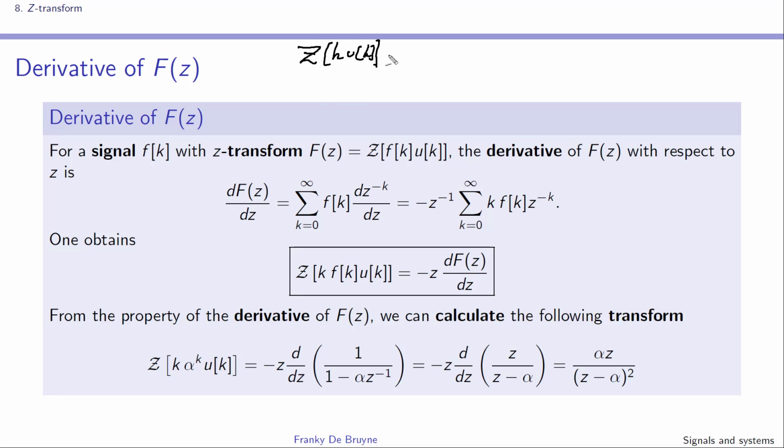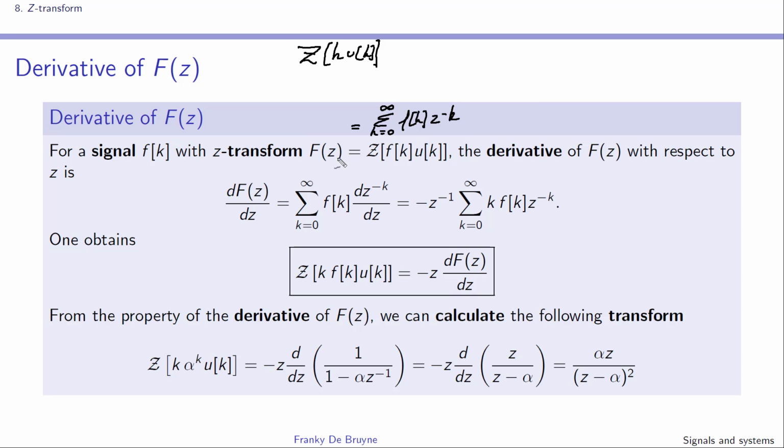To find this z transform, we can use this slide over here about the derivative of F of z. We make the assumption that we know the z transform of f of k u of k, and that this z transform is F of z, right? This by definition is a sum ranging from k equal to 0 to infinity of f of k z^-k.